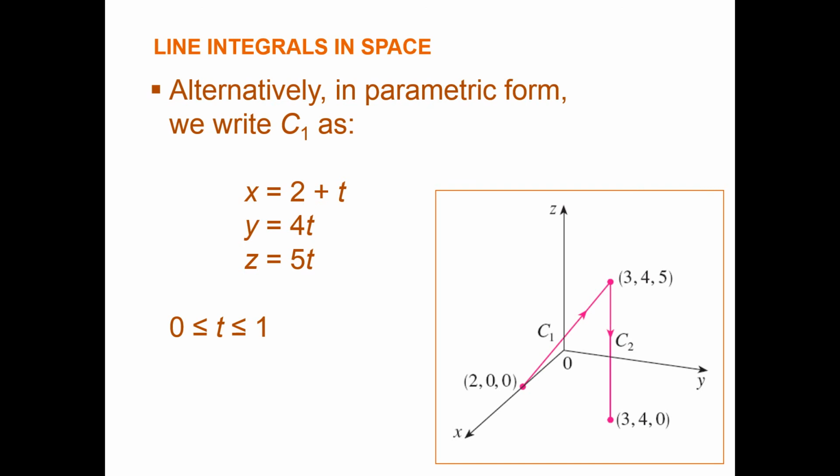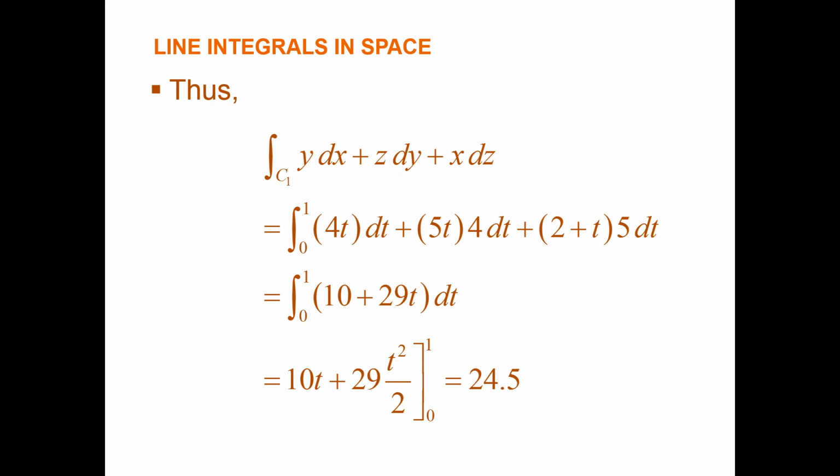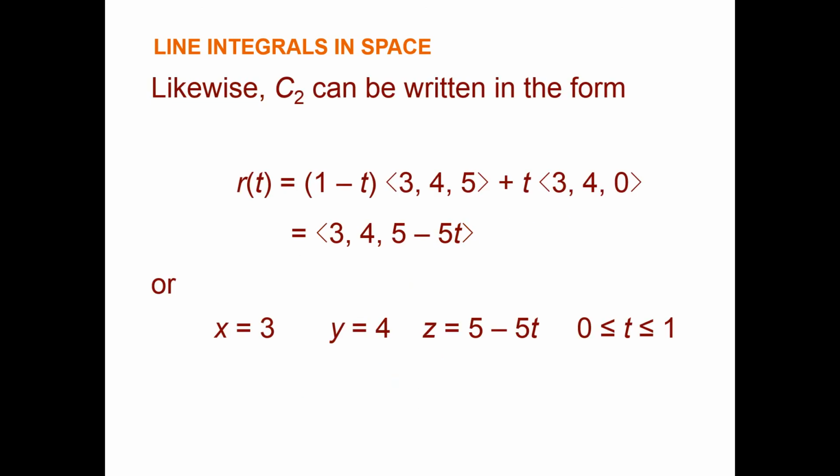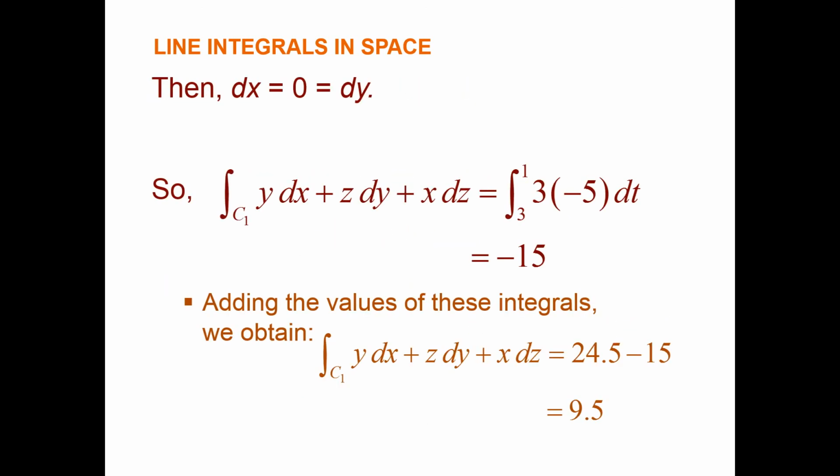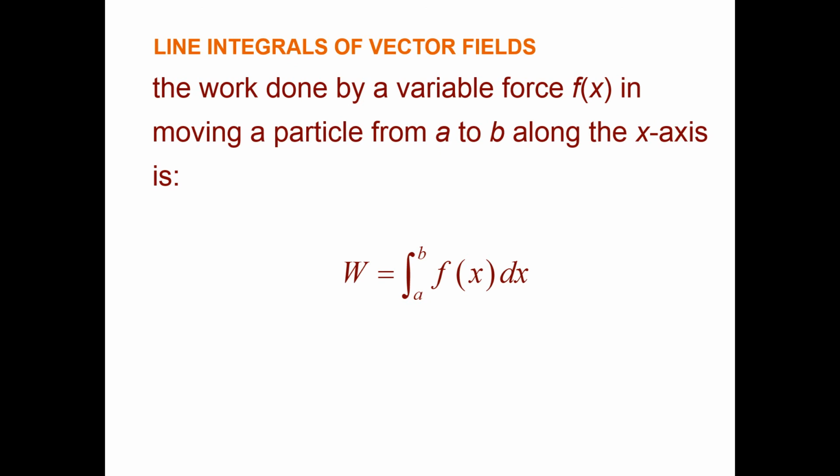The same idea: you have to find the parametric form of the curve, and then transform everything into the parametric form, and apply the limits in order to convert the line integral to a single integral, and then integrate it and plug in the limits, and you have the value. So these are the examples, and these are given in the book.